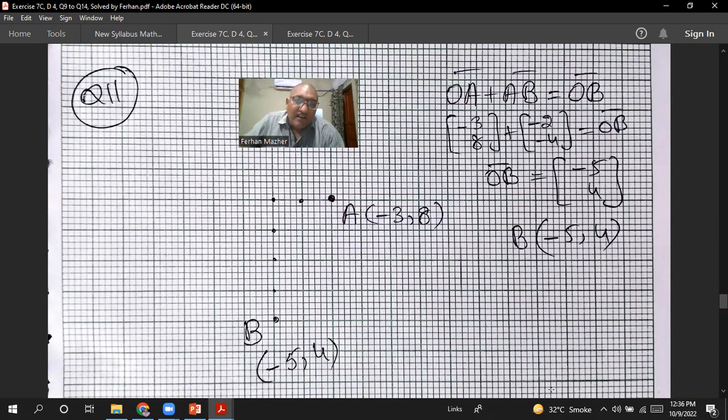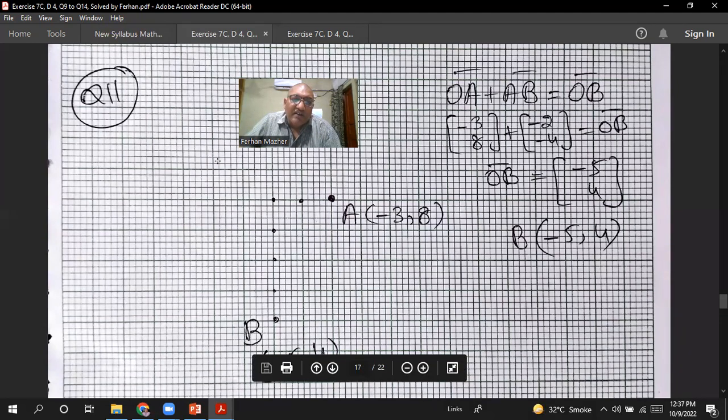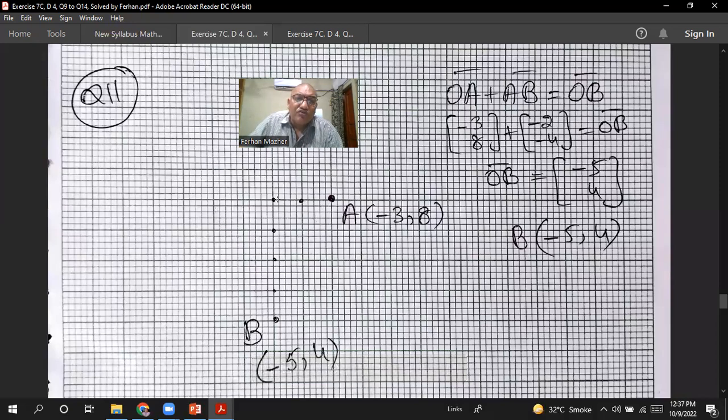Or you can plot the A and B points on the grid and check, going from A to B, how much you moved on X and how much you moved on Y. On the X, I moved minus 2 steps, and it is given how much you have to move, minus 2 and minus 4. So move 2 steps to the left and 4 steps down.